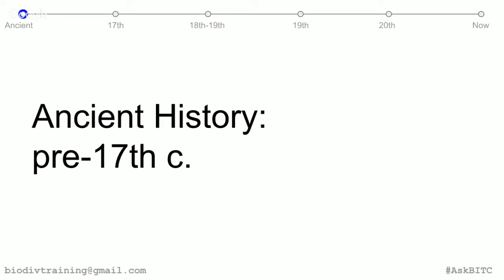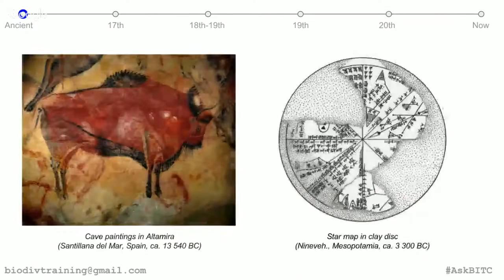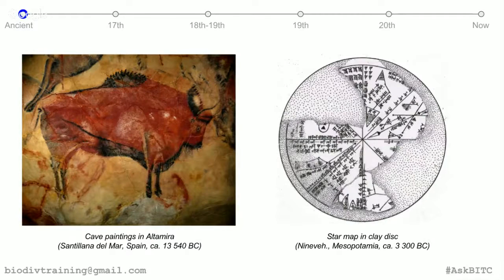Beginning with pre-17th century history, people have always used graphical methods to represent the world they live in, starting from the closest elements to mankind, such as food, or natural features, such as the position of stars in the sky. The aim of these visual representations was to try to make sense of the world surrounding the inhabitants.